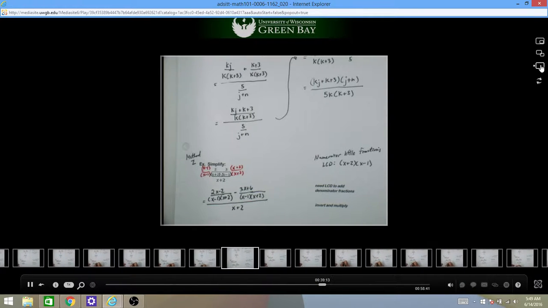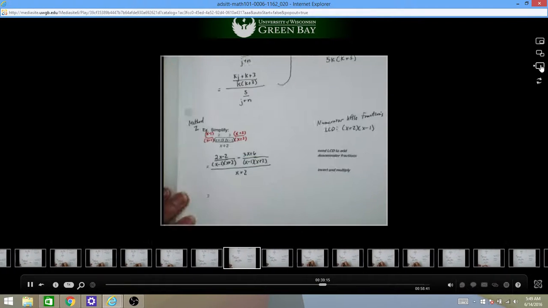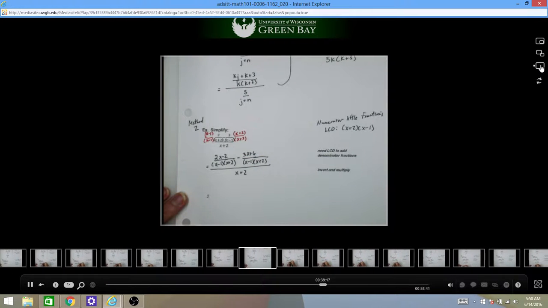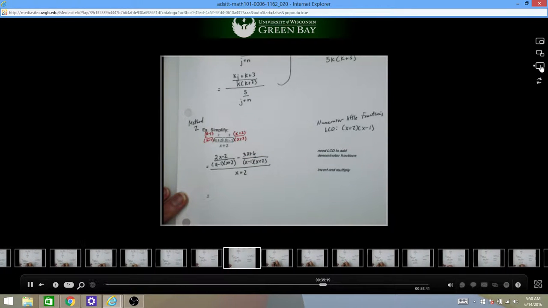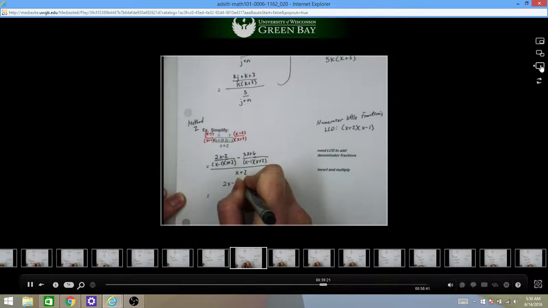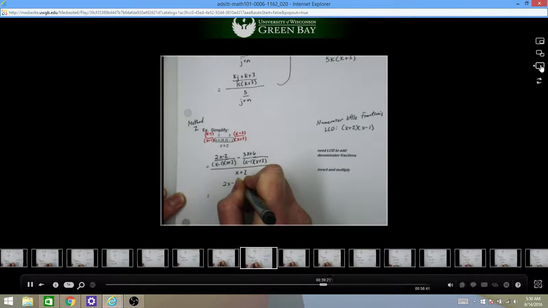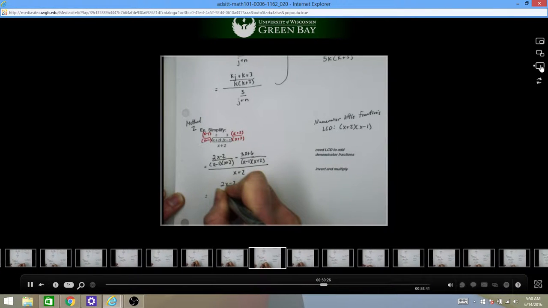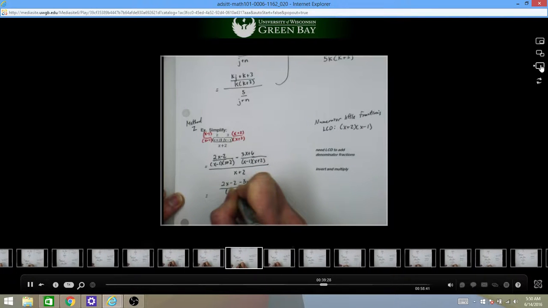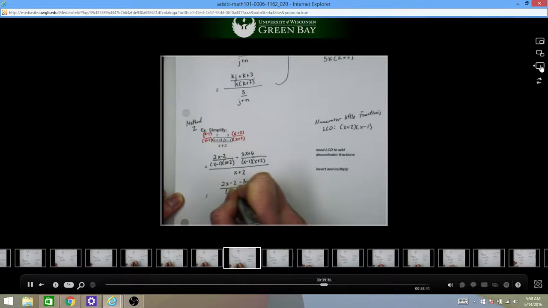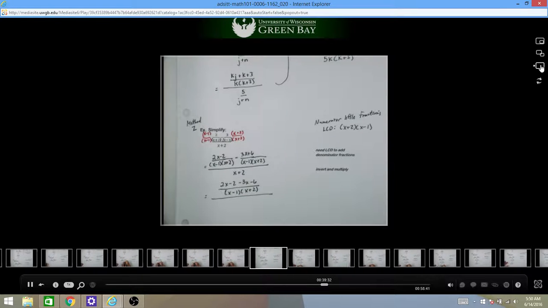So those two fractions on top now have the same denominator, and they can be subtracted. So we have 2x minus 2 minus (3x plus 6) all over that least common denominator, (x minus 1) times (x plus 2).